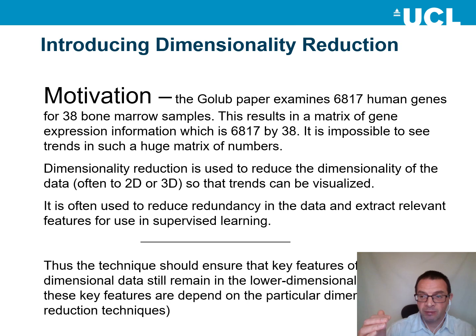So if they all act as enzymes in the same metabolic pathway, they may be all turned on and off in different samples at different times. And then from clustering the samples and the genes, we can develop heat maps which really show the relationship between the samples and the genes as a visualization.